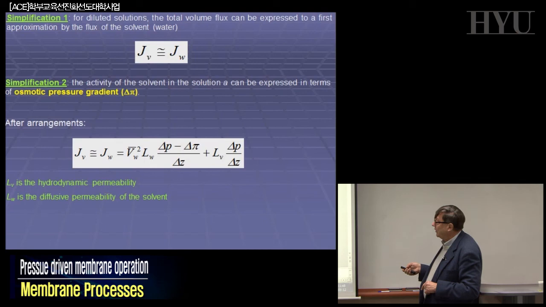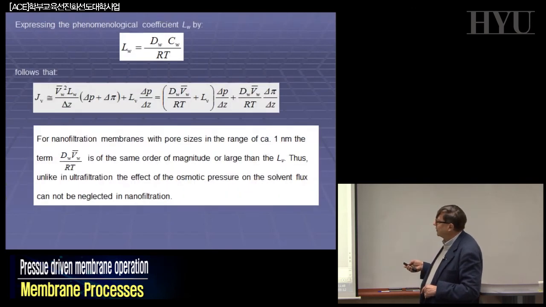But now we cannot cancel the osmotic pressure gradient anymore. This term is present in our expression, and we cannot just assume that it can be neglected. So we have to express this term with diffusivity, concentration and RT, and rewrite the equation in these terms.